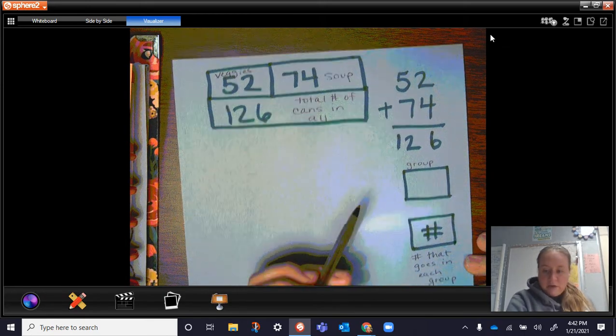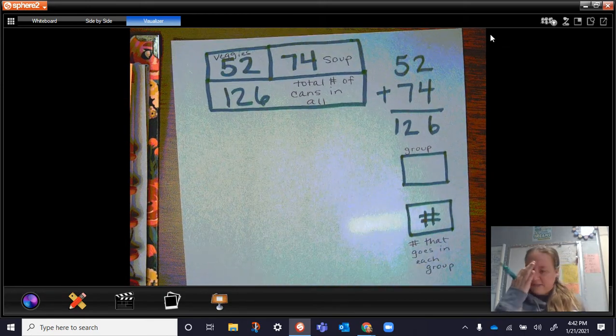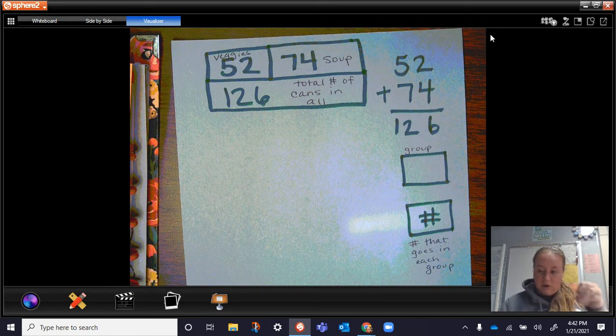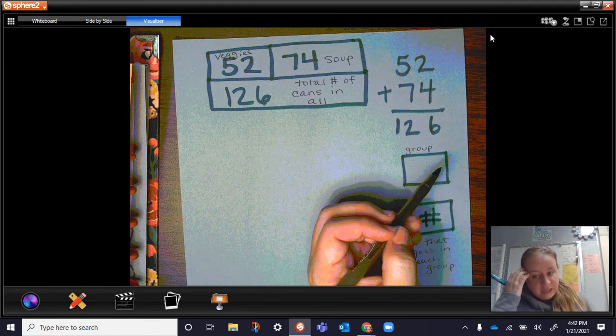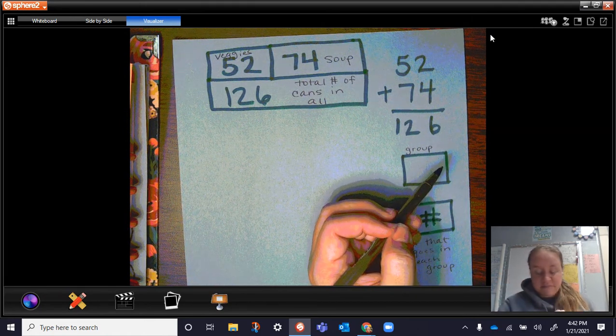Okay, now I need to know what this is and how it is connected to my story. If I go back to my story, remember, I've got a total number of cans, I have shelves, and I'm going to put the cans on the shelf. When I'm thinking about my group, I'm thinking the group is going to be getting something.